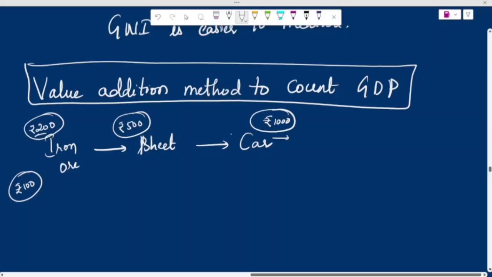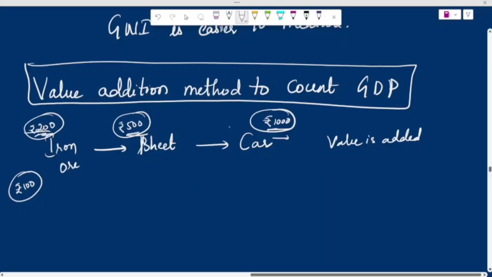Here we can see that in every process the value is added, right? So if I measure all these values, I will get to the conclusion that this much will be the price of the product and this is the production that has been done, right?